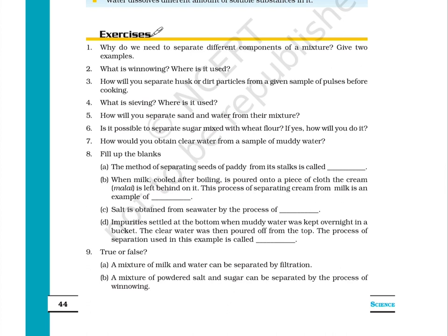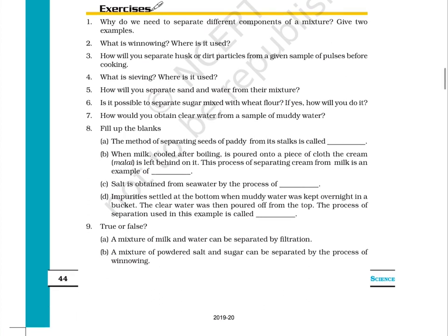8. Fill up the blanks. A. The method of separating seeds of paddy from its stalks is called blank. B. When milk cooled after boiling is poured onto a piece of cloth, the cream, that is malai, is left behind on it. This process of separating cream from milk is an example of blank.